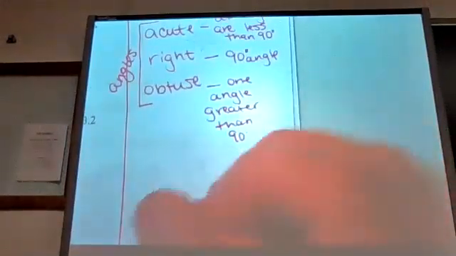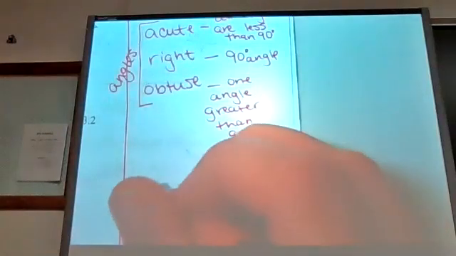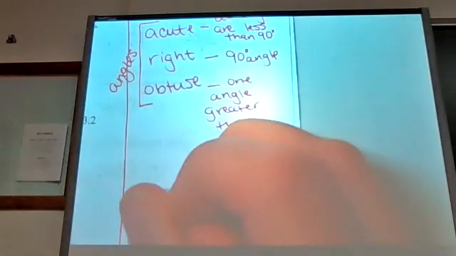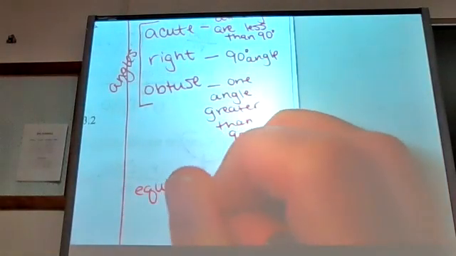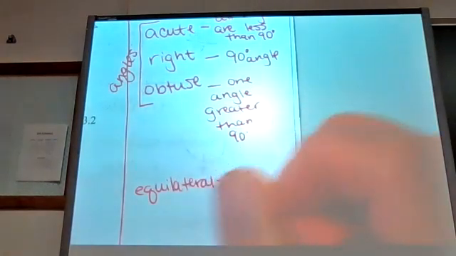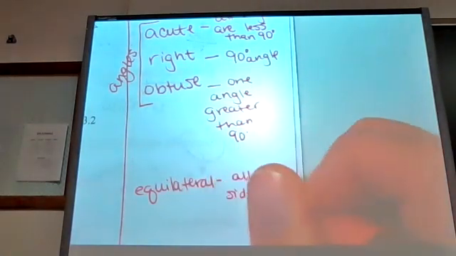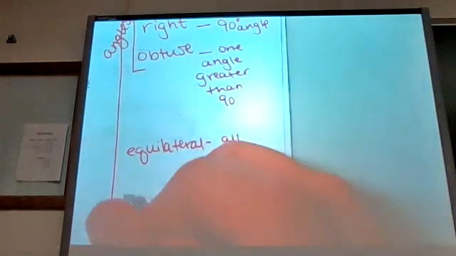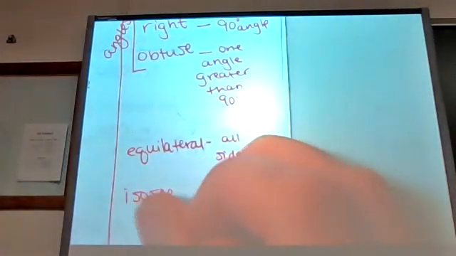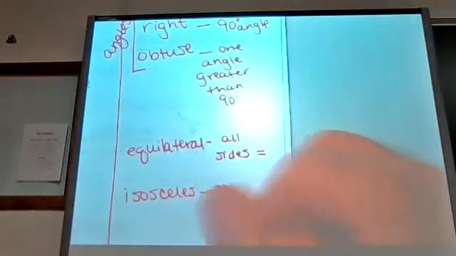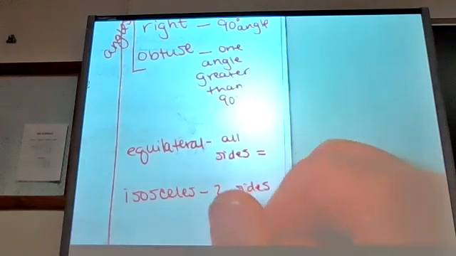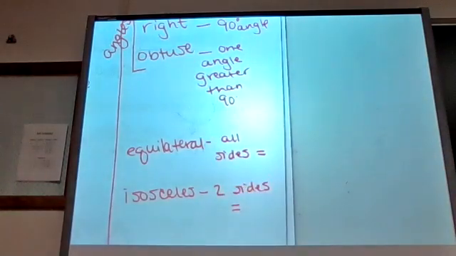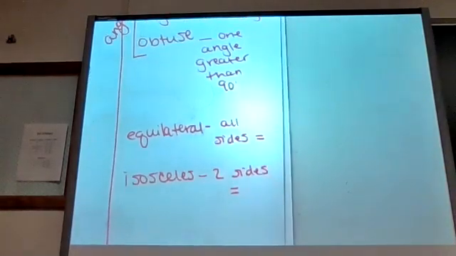We also want to be able to classify by sides. So we have equilateral, which means all of the sides are equal. We have isosceles, which means two sides are equal, and then our third side is a different measurement.